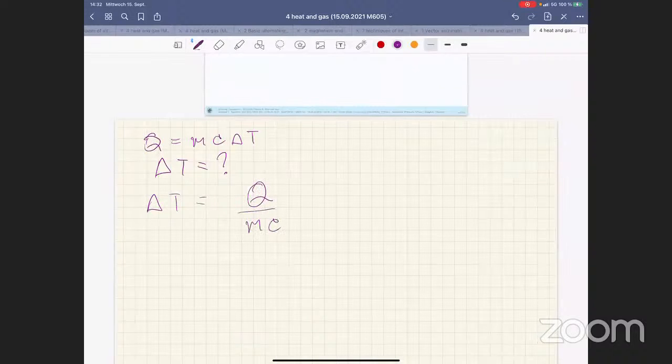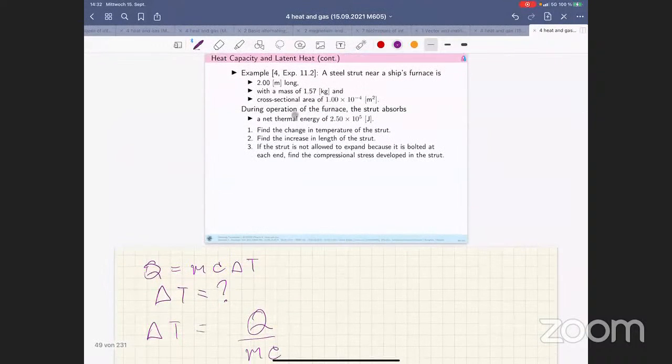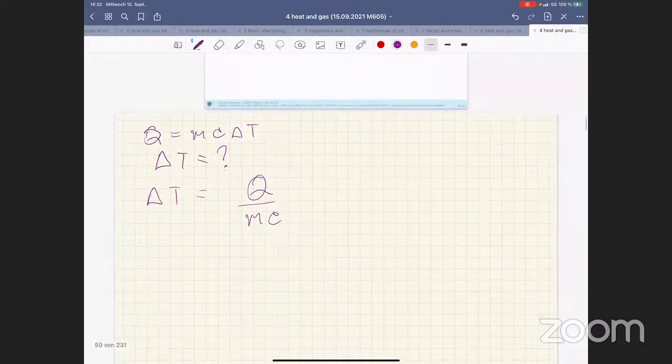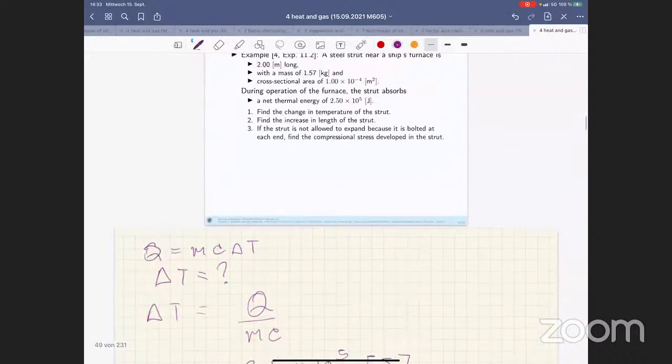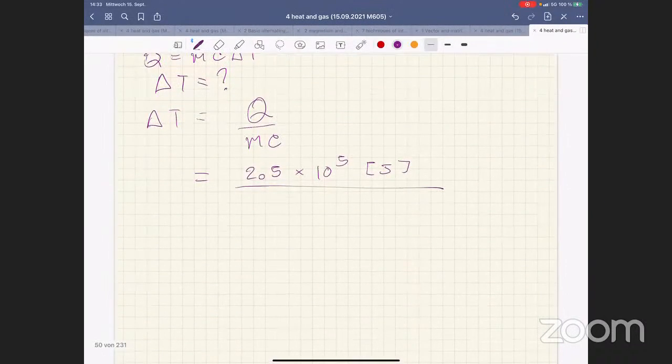Q is the quantity that they have provided, which is 2.5 times 10 to the power of 5 joules, and the mass of the steel strut is 1.57 kilograms.